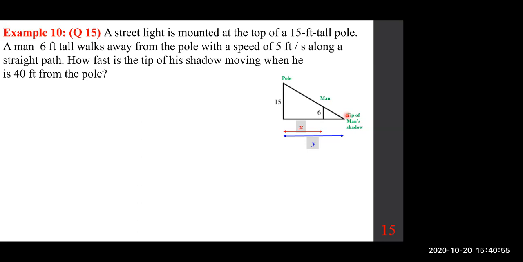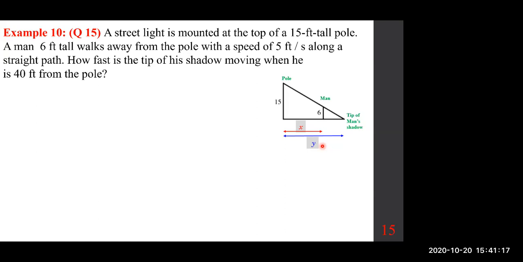When the man has a distance of x from the pole, the tip of the man's shadow has a different distance. What is it? We don't know. Let's give it the variable y.